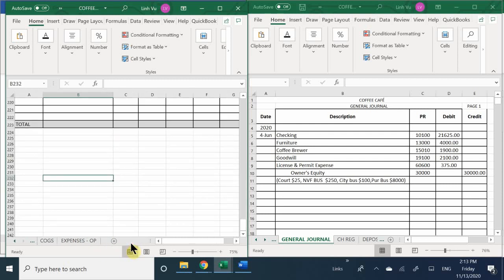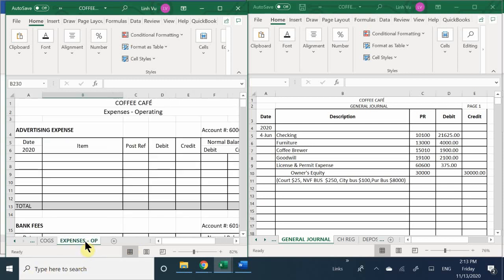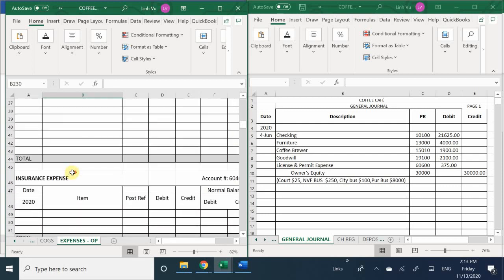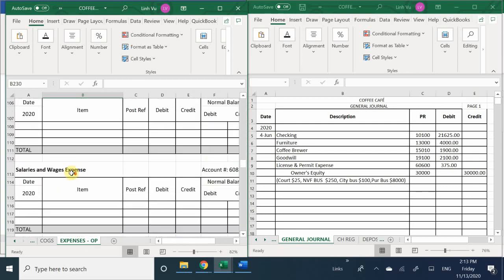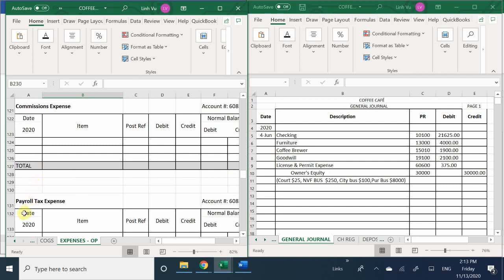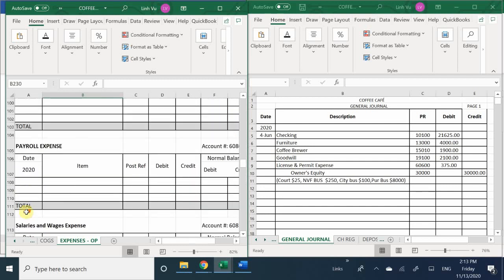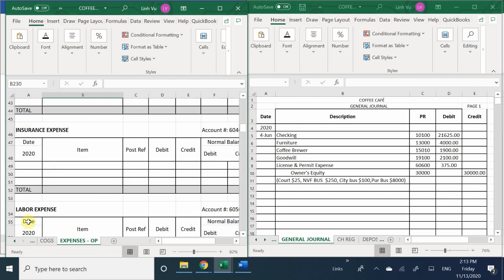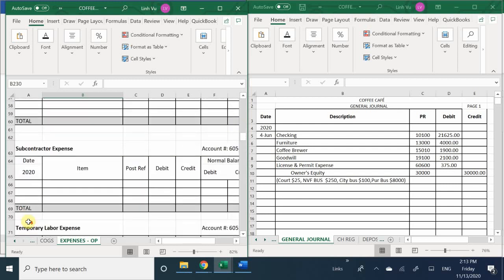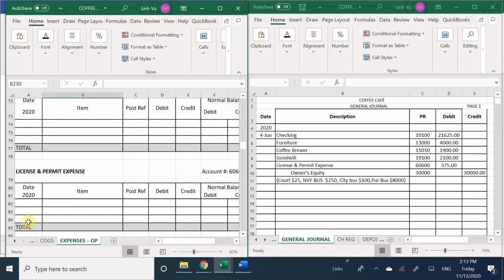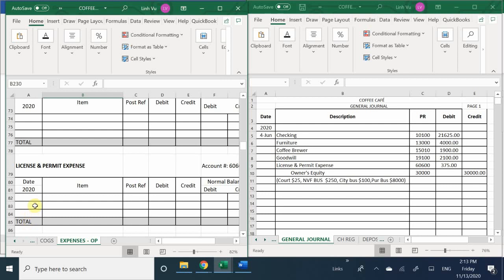I separated cost of goods sold and operating expenses so you don't have to scroll so much through the pages. It should be the very last tab for operating expenses. They're in alphabetical order, so we'll scroll down till we find it. Here's payroll, so I went too far. Here's labor, and here is license and permit expense.